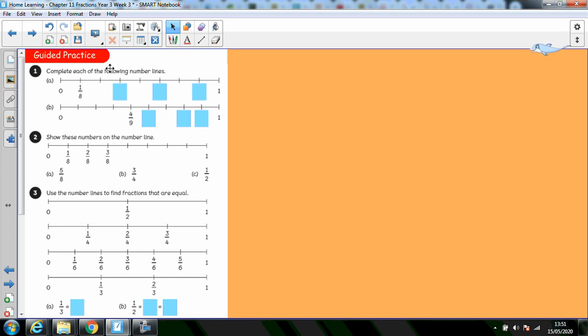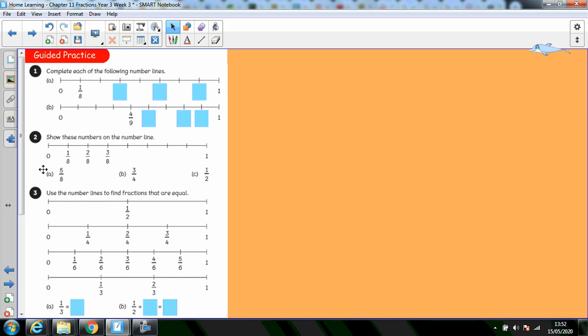And you might like to label each mark so that you can work out the missing fractions where the blue squares are. And the same for B. We start at 0, we end at 1, and oh, there's our clue, we're counting in ninths. If you want to do a number line with all of them, you can, but it's these blue ones that we're looking for.